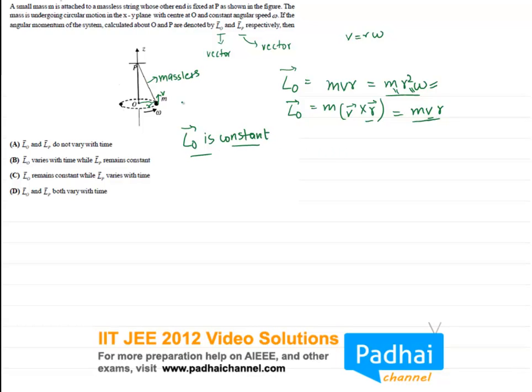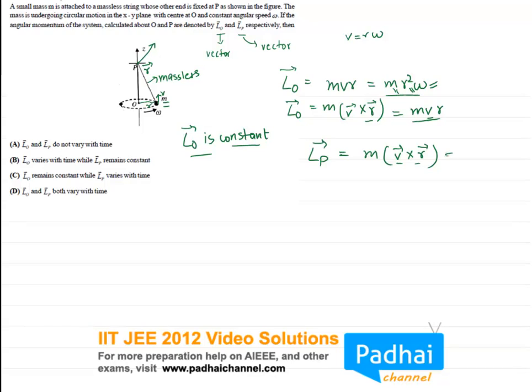Now if I talk about angular momentum about point P, the angular momentum of this mass m about P, what will this be? Again LP will be equal to m v cross r, where r will be this vector. Since it is v cross r, the resultant we get is perpendicular to both v and r, so it would be in this direction.